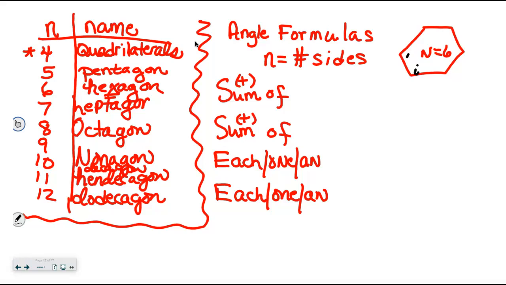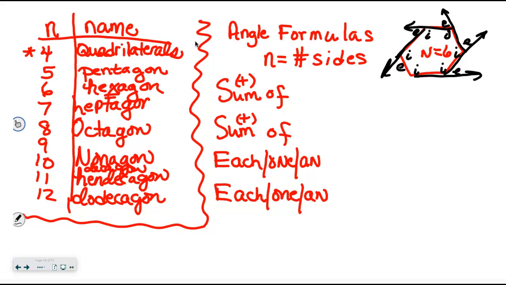So this is an interior, interior, interior, interior, interior, interior. But at each interior, if we stretch this out, we have an exterior. So we kind of travel around here, just extend these. For each interior, there is an exterior right next to it. I've got that one. Okay? So on that one, we have 6 interior and 6 exterior.